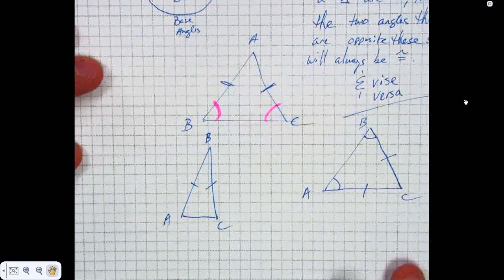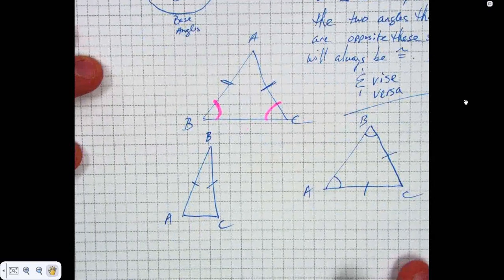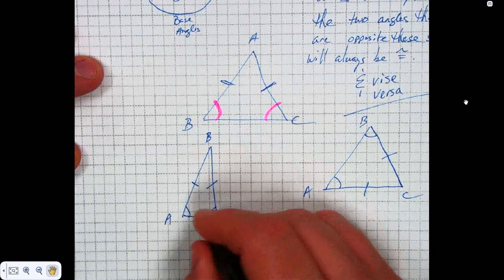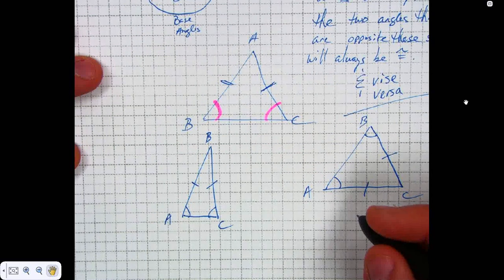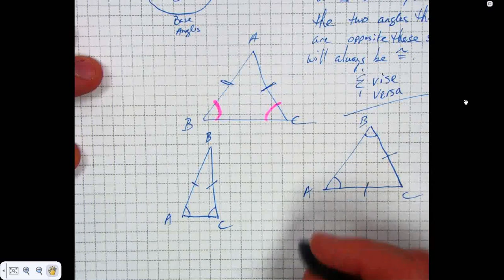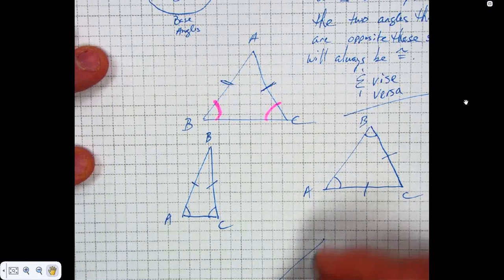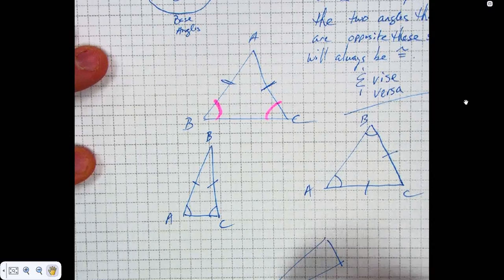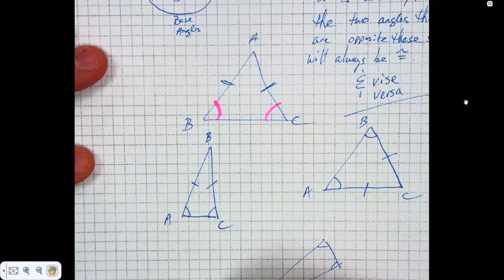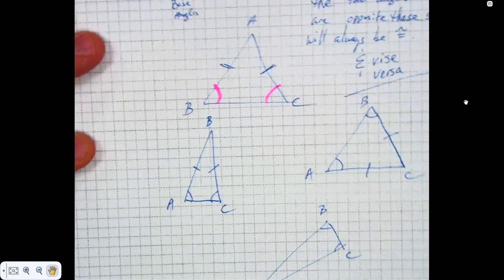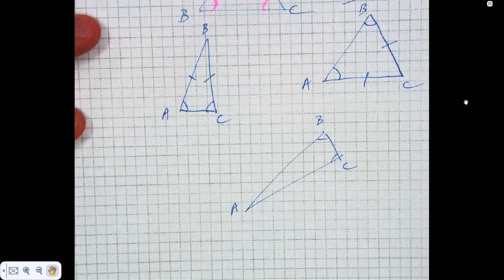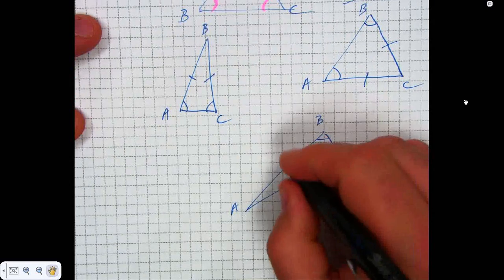In this case, which two angles are congruent? A and C. Something you gotta always remember, very useful: if the two angles are congruent, then the two sides are congruent. Which two sides are congruent there? AB and AC.